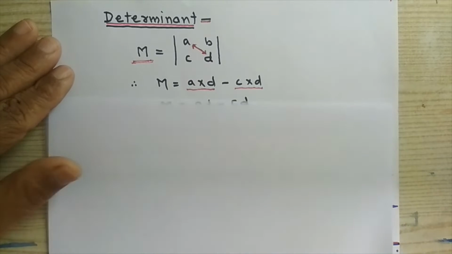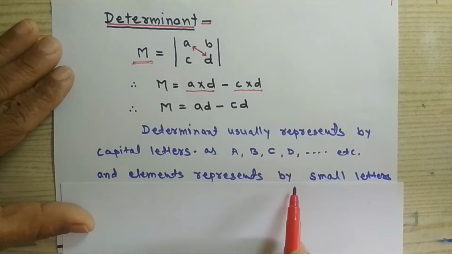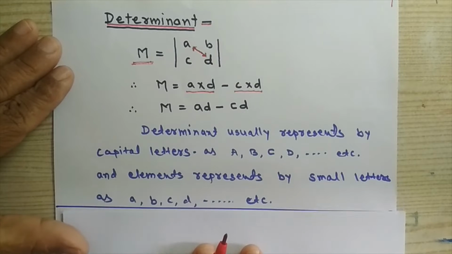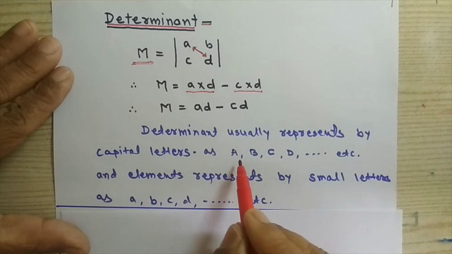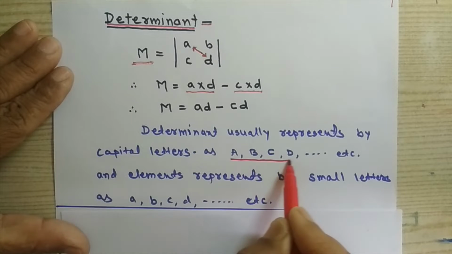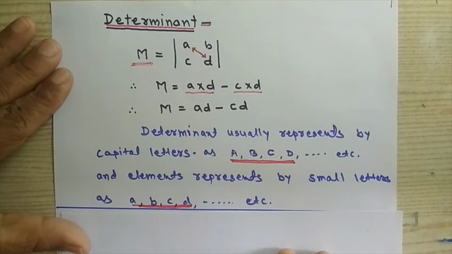Then the elements are represented by small letters such as a, b, c, d, etc. So a determinant is usually shown by capital letters and elements are usually shown by small letters.